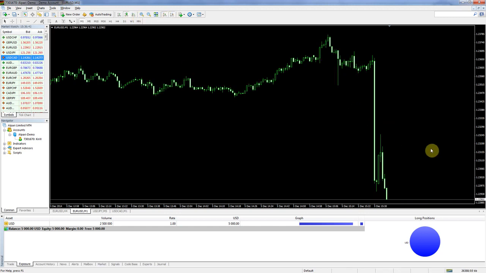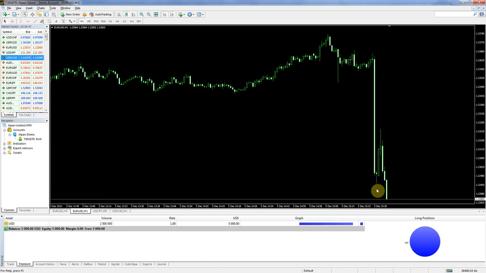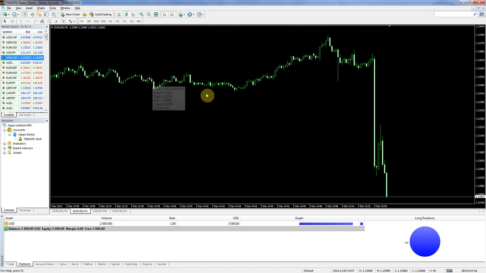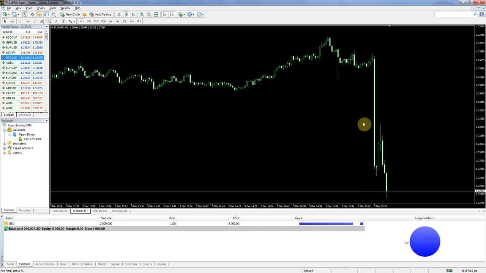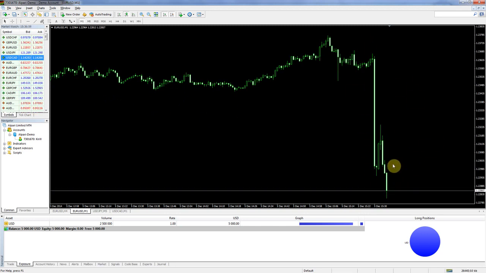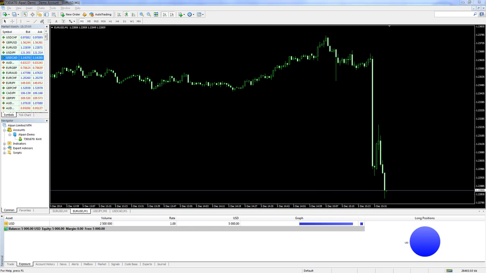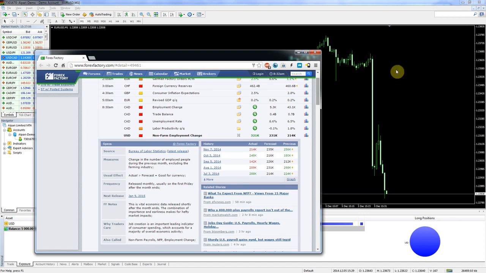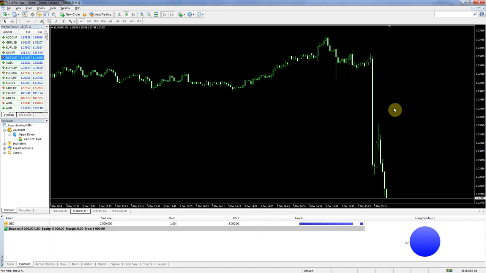I just wanted to mention that personally, I try to avoid situations like this, because if my Forex robot or my technical analysis has a certain pattern it's looking for, things like this can really skew the results. So using the Forex calendar can also be beneficial for those who use technical analysis, because it'll allow you to avoid situations like this.